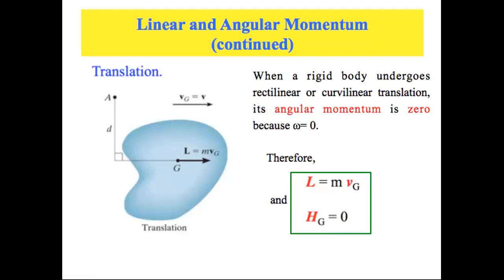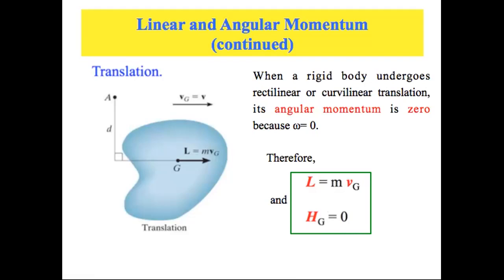When omega is 0, the angular momentum is 0. Therefore, the linear momentum at the center of mass equals mass times Vg, and the angular momentum at point G is 0.